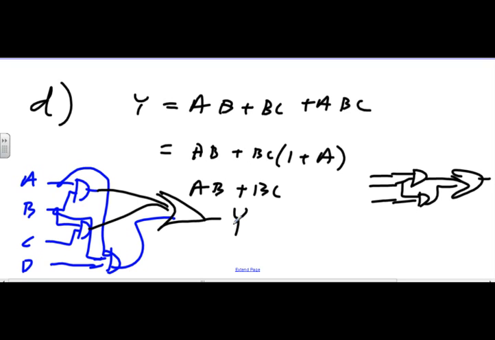Looking at 5-15 next. Which of these circuits produce equivalent outputs? Okay, so I've got A, which is A, B, naughted.